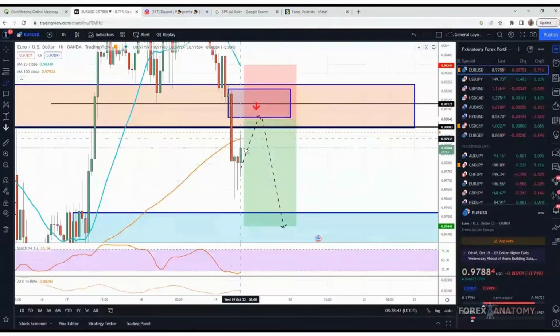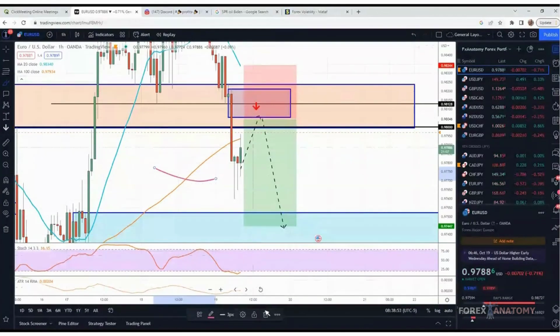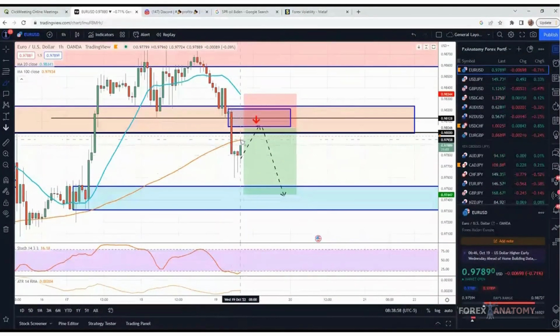So we may see price continue sliding lower even on the EUR/USD as well. That's something we just have to bear in mind, that we may have missed out on this setup. But if price does come back up, then we'll definitely look for that sell, that move lower.